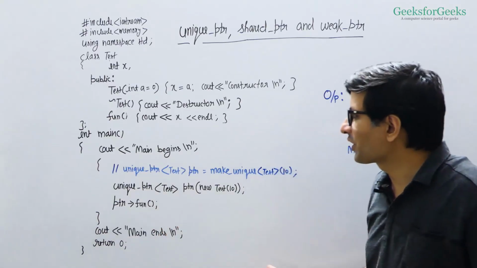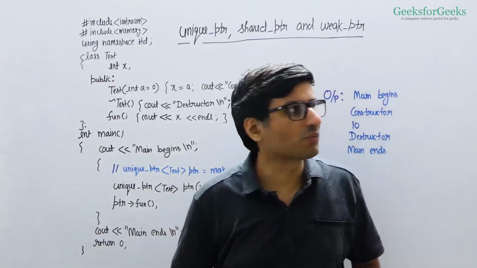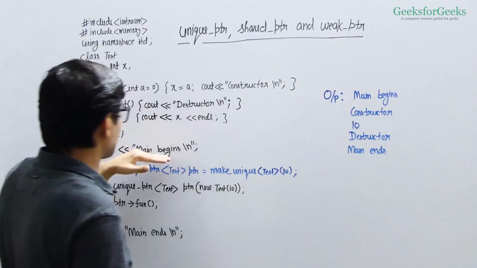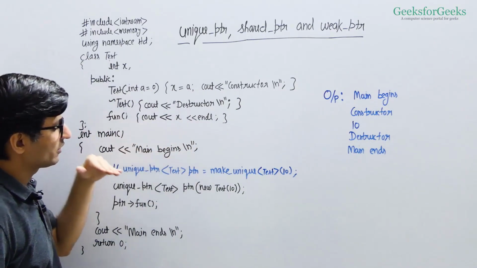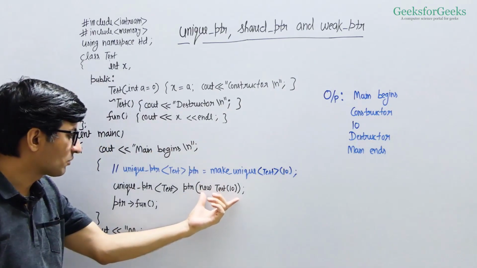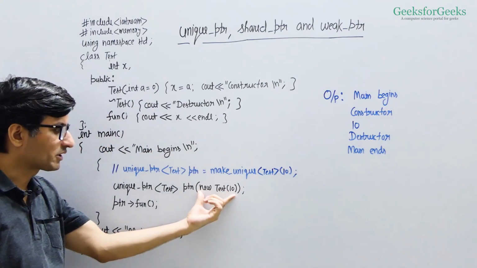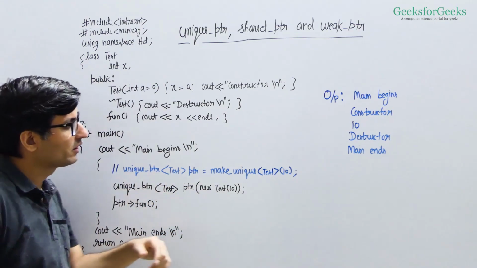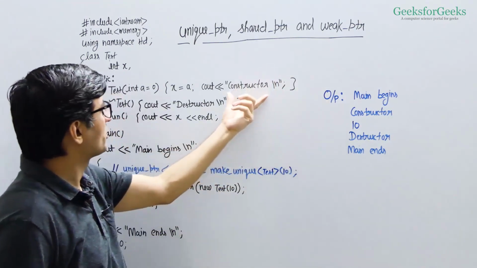So let's see the working of this program. What do we get as an output? The first thing is main begins, because this is the first line of the main function. Then we get constructor because we are creating an object of Test type and passing the pointer of this created object to the constructor of unique_ptr.